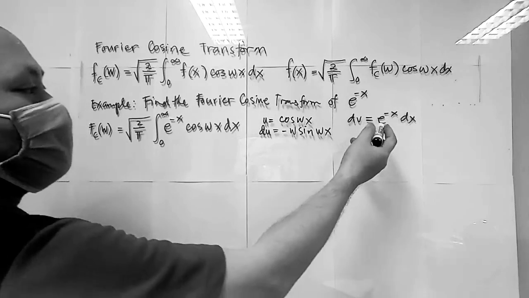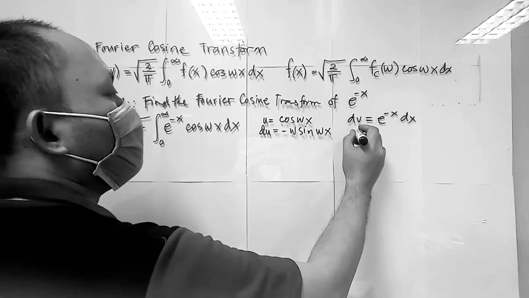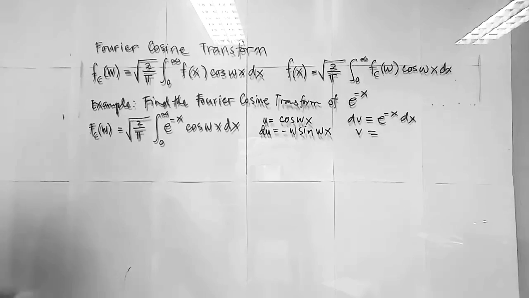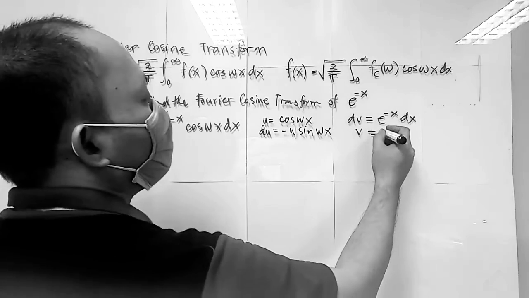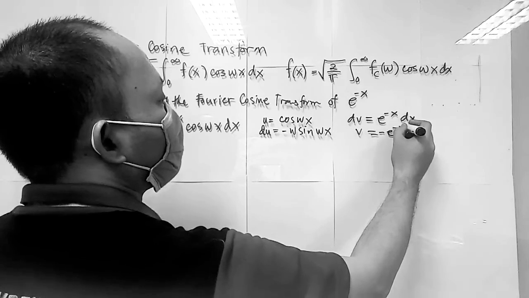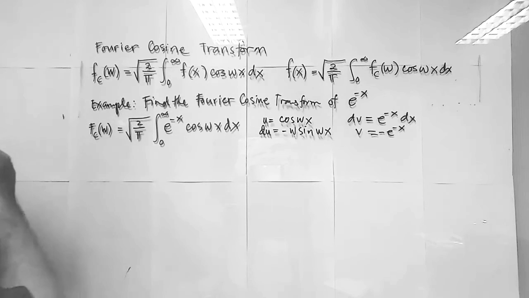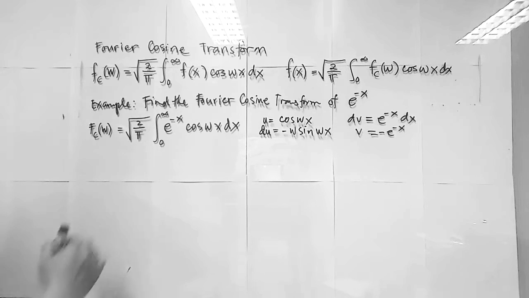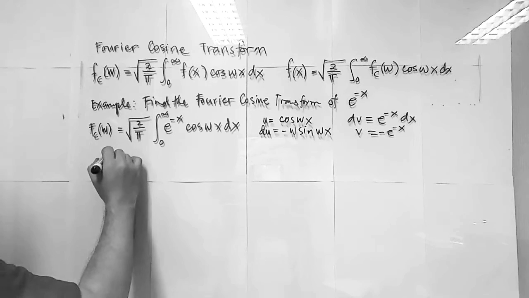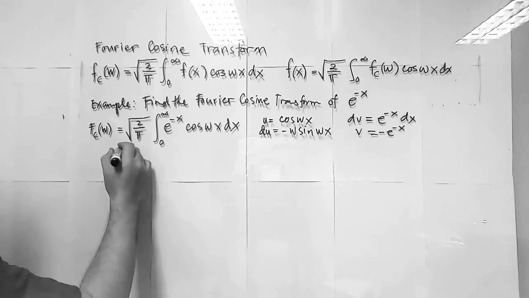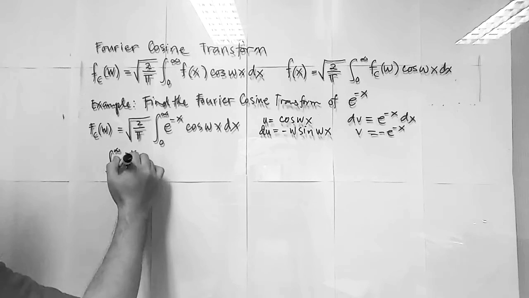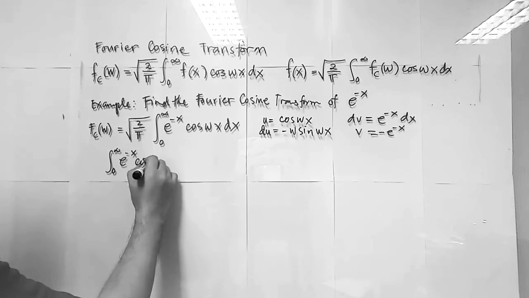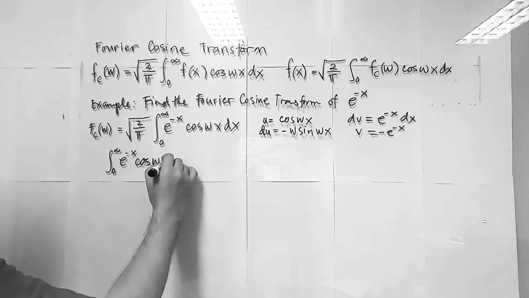And then dv, the integral of e negative x, so v equals negative e negative x. When we compute now, I will write here the integral from 0 to infinity of e negative x cosine wx dx.